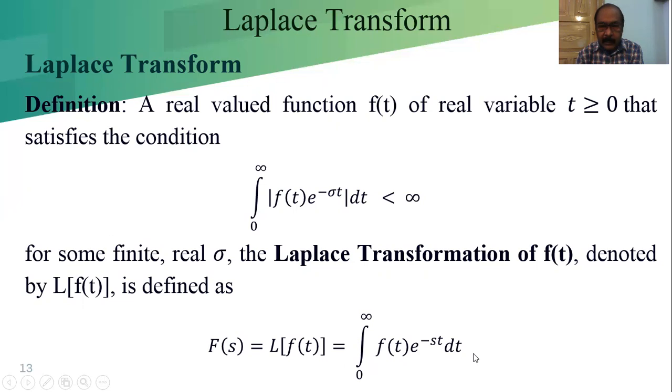And after this integration, what will we get? We will get another function, that is a function of s. That's why we are writing it as capital F(s). So from that we can write on the right hand side capital F(s) is equal to L, the Laplace transformation of f(t), equal to integral from 0 to infinity of f(t) e to the power minus st dt.